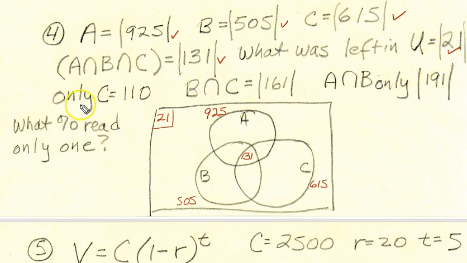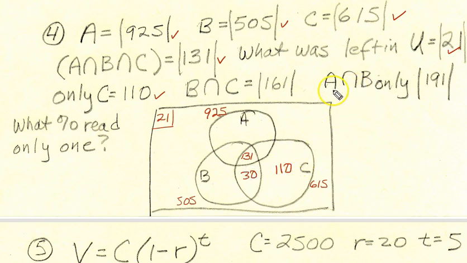Now C is only 110, so this part of C is only 110. I put that there. Now B and C, the intersection between these two is 161, but we already have 131, so we subtract that from 161 and we get 30.